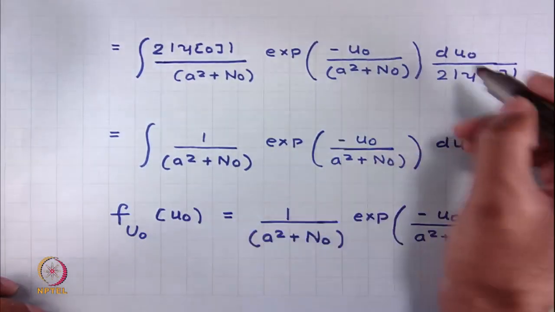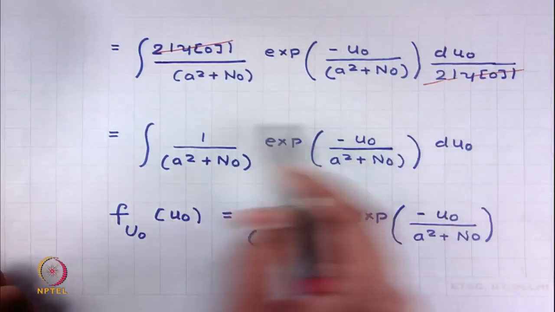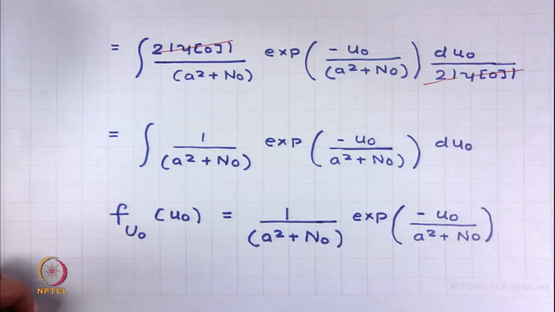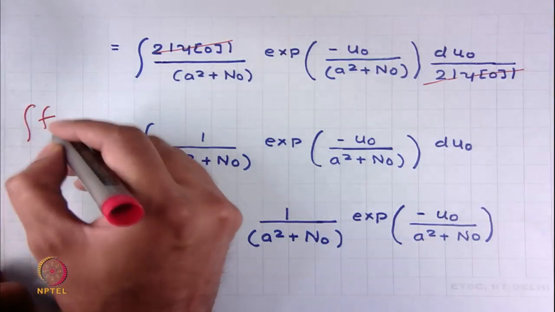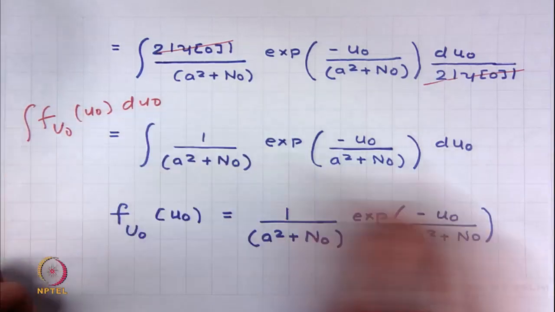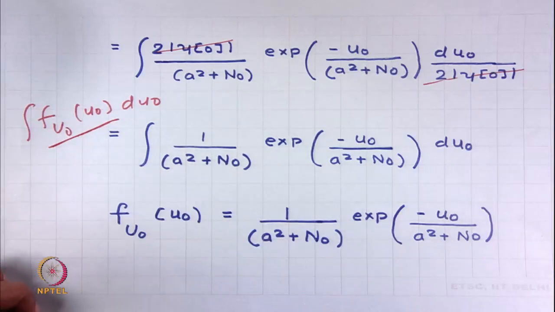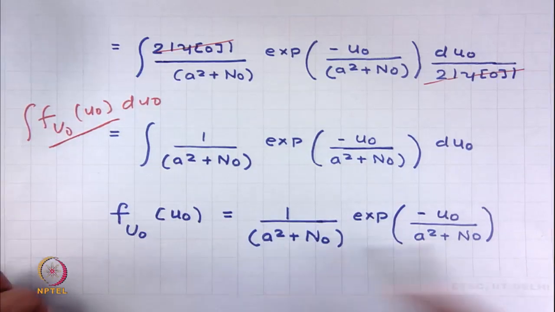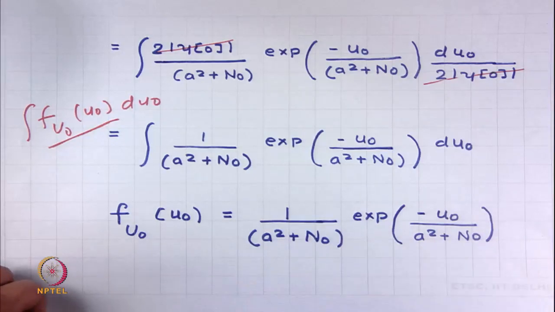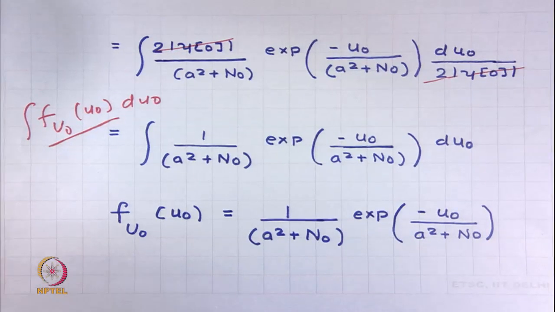Now, this is simple, I can cancel this with this and I get this times d u 0. And from here I get that the probability density function of random variable u 0 is simply this.